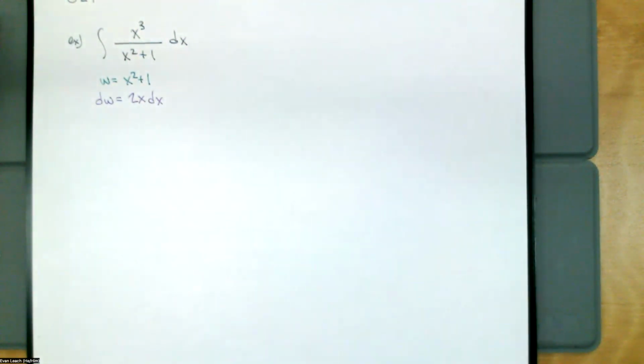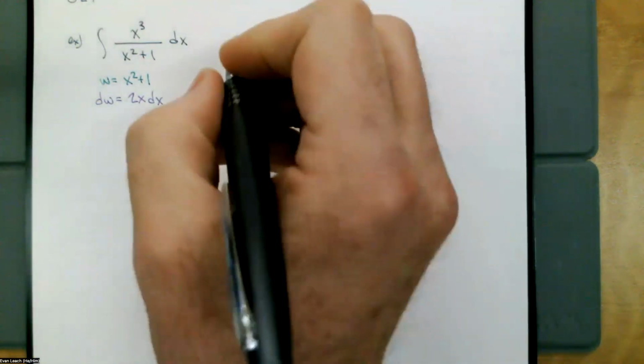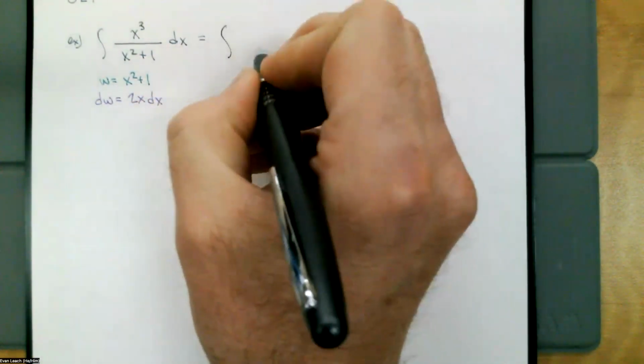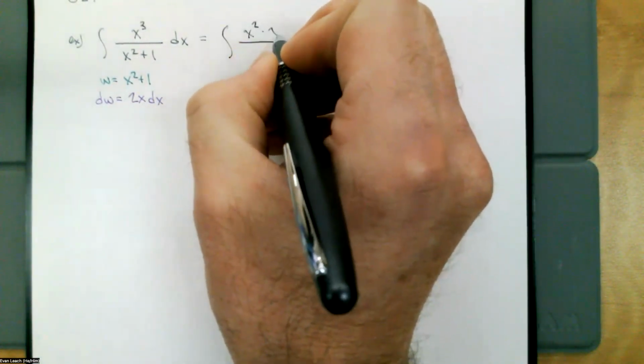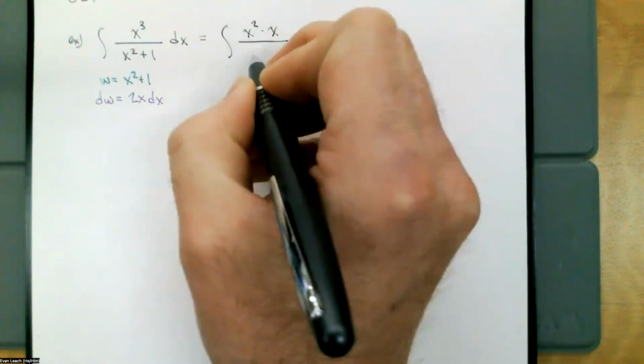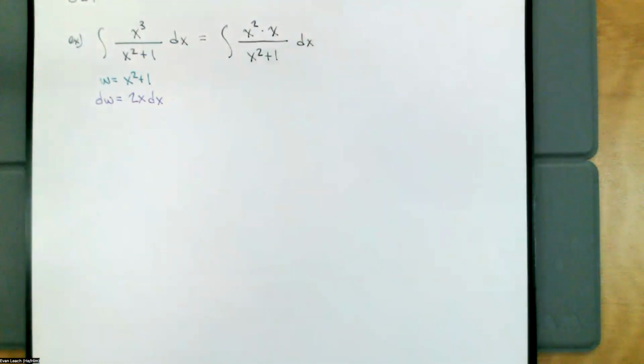I need a factor of x, and I have a factor of x. I've got 3 of them. I've got 2 extra ones. One of those factors of x is going to be my dw. I just have to figure out what to do with the other 2 factors of x. Anybody see what I can do with those other 2 factors of x?